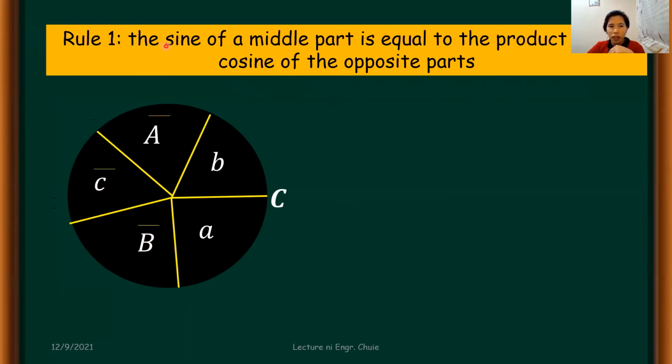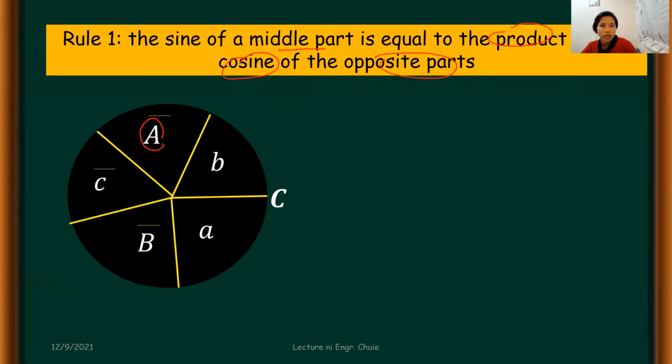By rule number 1, the sine of the middle part is equal to the product of the cosine of the opposite parts. So let's say, for example, we need to solve for A. From the rule, sine of the middle part, let's say our middle part is A, is equal to the product of the cosine of the opposite parts.